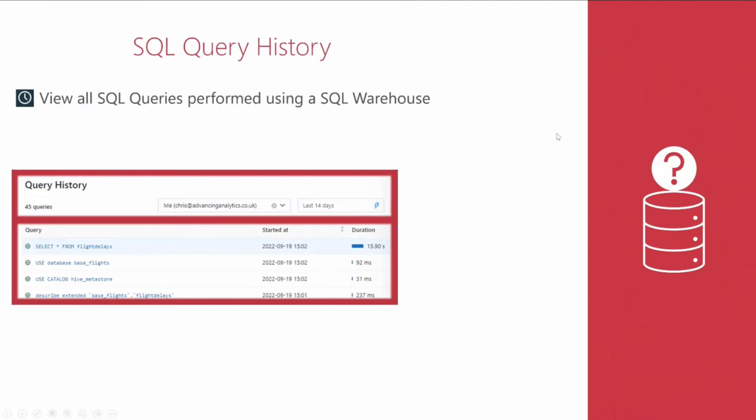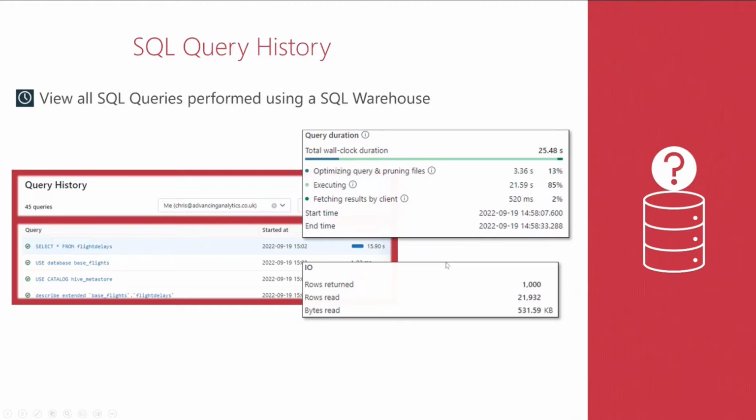Also, from a Databricks SQL side, we have the ability to monitor the SQL query history. So we're able to create a full audit trail of everything that's being executed in the Databricks SQL platform, all of those queries and all of those data sets. In this example on this slide, you've got some select statements on some flight delays databases.